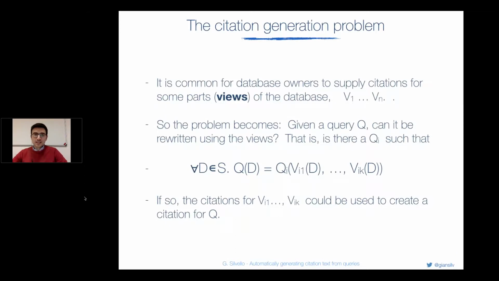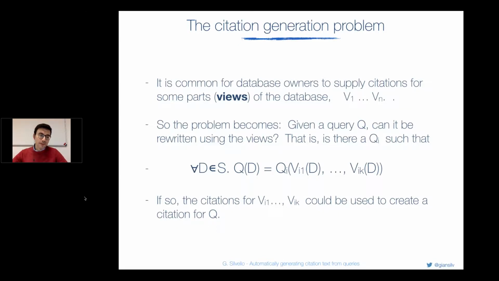So in this case, the citation generation problem can be formalized like this. What you should keep in mind, if you are not really into database details, is that this system works similarly to the RDF system we have seen before. Basically, what changes is how we define views.